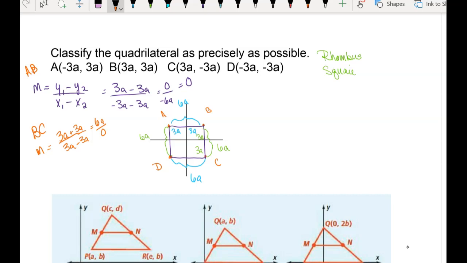What is anything divided by 0? It is undefined. So that is a vertical line.